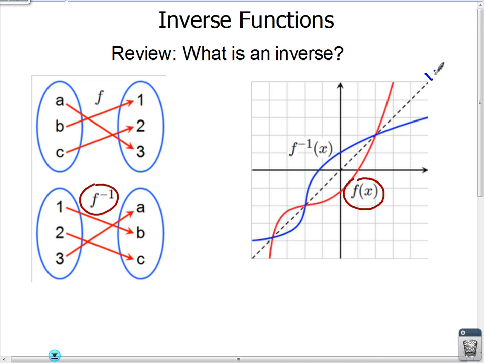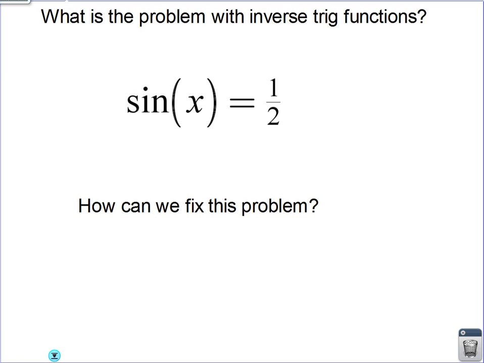That's your y equals x line. Because think about what you do to find the inverse. Don't you switch your x's and y's? Your function and your inverse function will be mirror images of each other. It's a flip across that line y equals x, a perfect mirror image. So there you see a picture of a function and its inverse. Keep that in mind as we go through these.